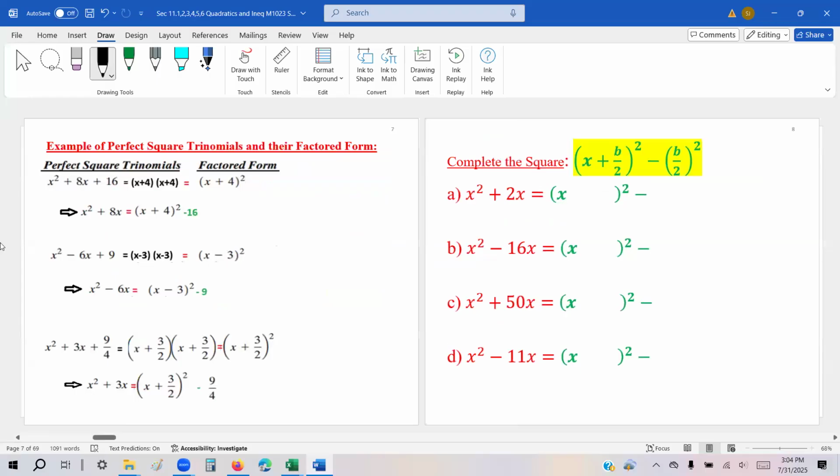So if you have something that is not a perfect trinomial, we can make it a perfect trinomial. For example, let's say you are given only x squared plus 8x, two terms. x squared plus 8x equals something. In order to solve, can we convert this into a perfect square? That's our goal.